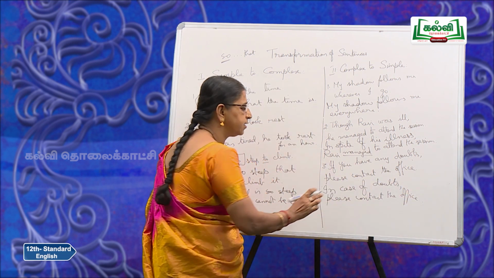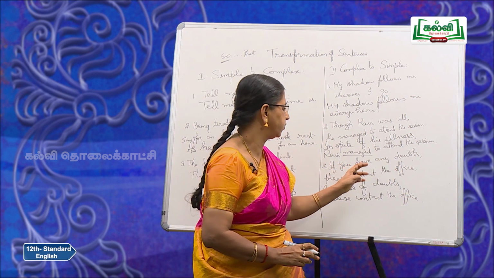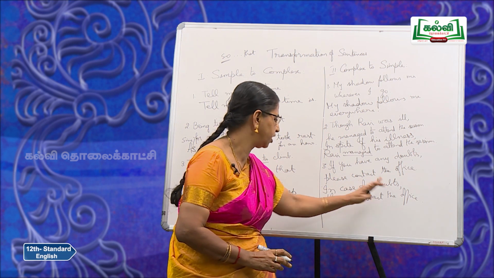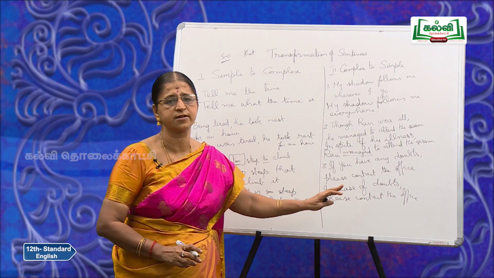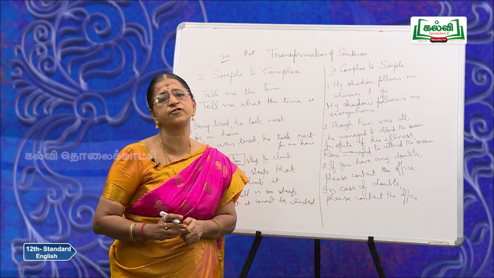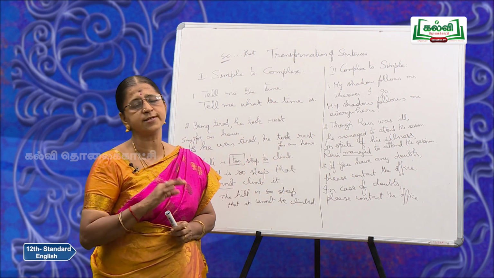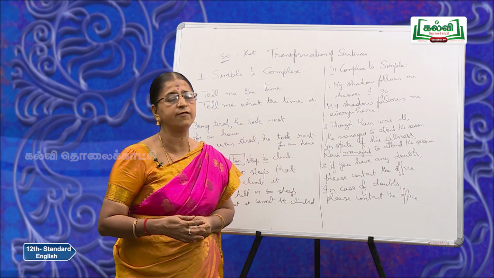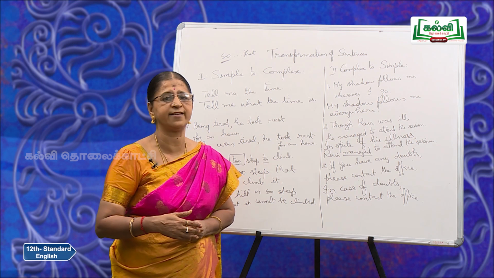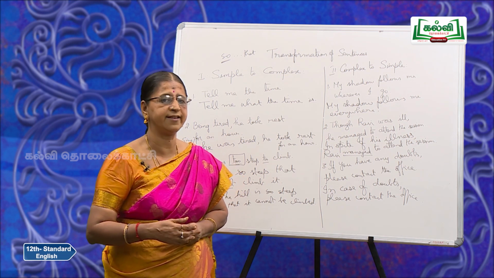Here doubts is only a noun. Have was your verb, and now, in case of doubts, please contact the office. You have only one finite verb which is contact. So, this is how you transform a complex sentence into a simple sentence. Go through these examples carefully, they will be very helpful for you to do the textual exercises and later on to attend the examination.